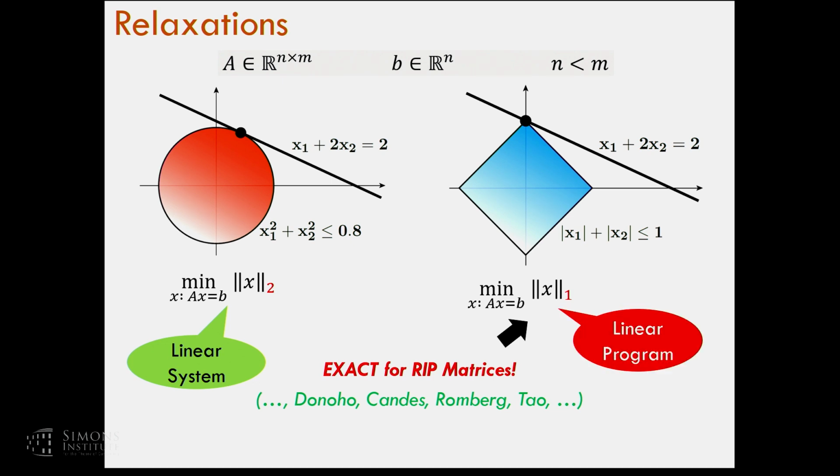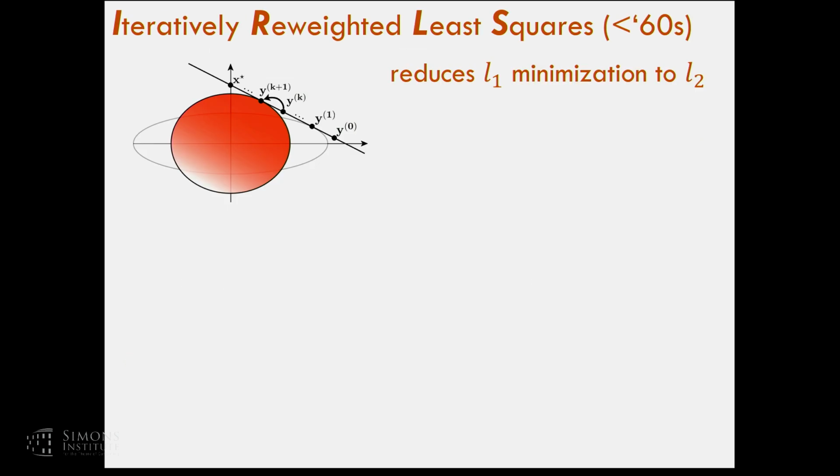The nice thing about this is that it is computationally feasible, at least in principle. This corresponds to solving some kind of linear program. However, in practice, people prefer to use a very simple iterative algorithm for it, which is called the iteratively reweighted least squares method.